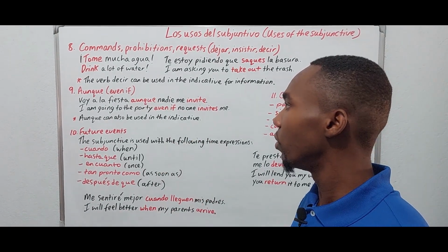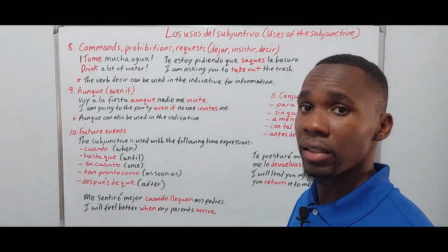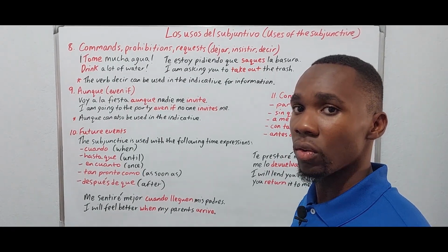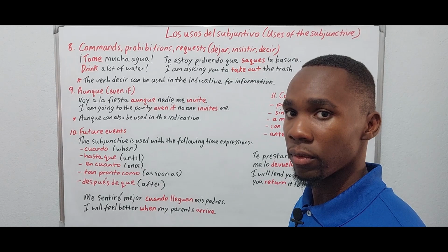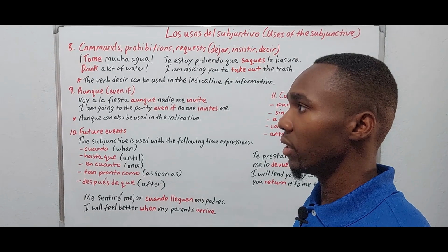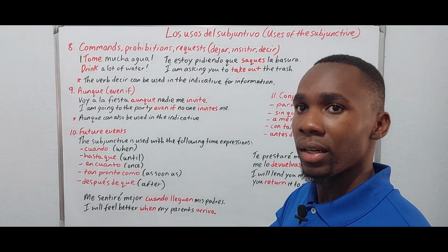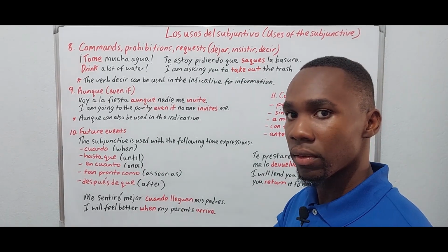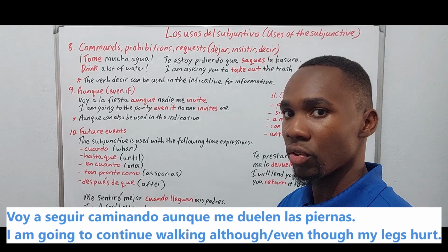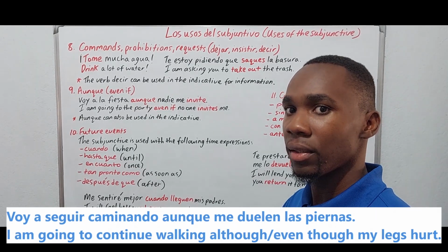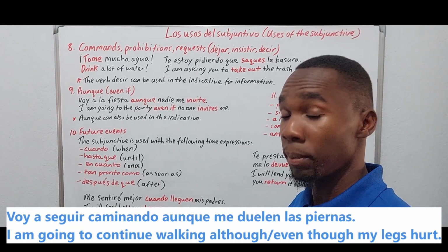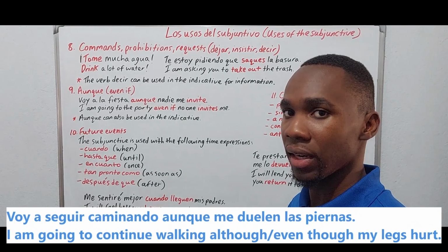Aunque can also be used in the indicative, and in the indicative it would mean even though or although, right? For example, voy a seguir caminando aunque me duelen las piernas.